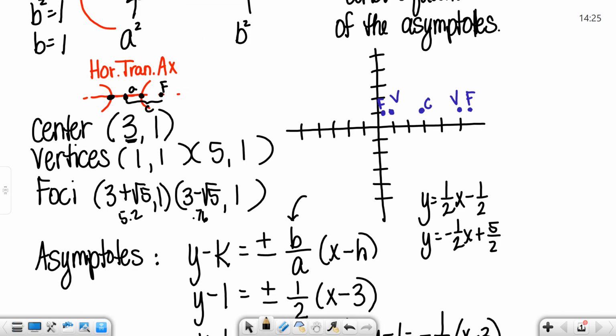I'm going to graph my asymptotes in yellow. Okay, so my first asymptote, I'm going to graph this one right here first. All right, my y-intercept is negative 1/2, right there. And I have a slope of 1/2, so I'll go up 1, to the right 2. Up 1, to the right 2. Up 1, to the right 2, and keep going.